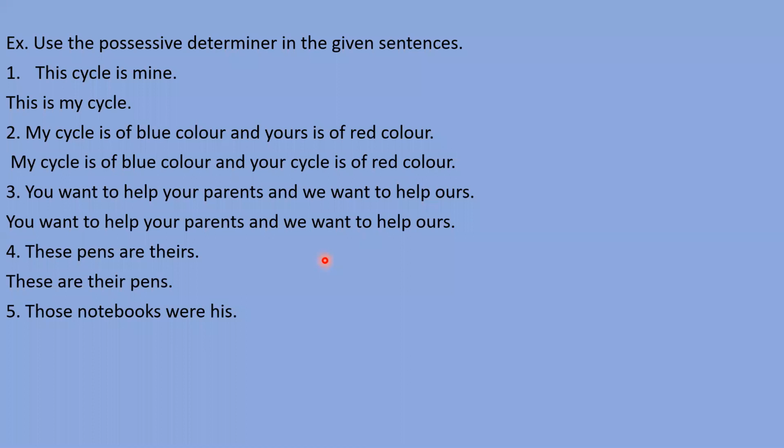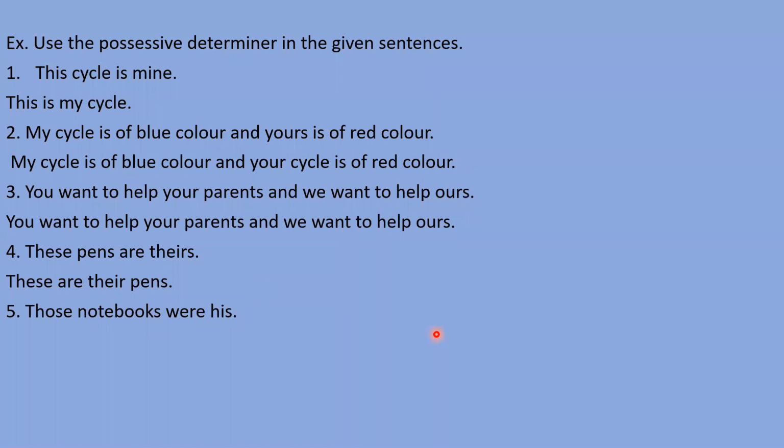Next, those notebooks were his. We know that his is both a possessive pronoun and a possessive adjective, but here it has been used as a possessive pronoun because after his there is no noun, and we know that we can't write any determiner without a noun. So how can we write this sentence with the possessive determiner?